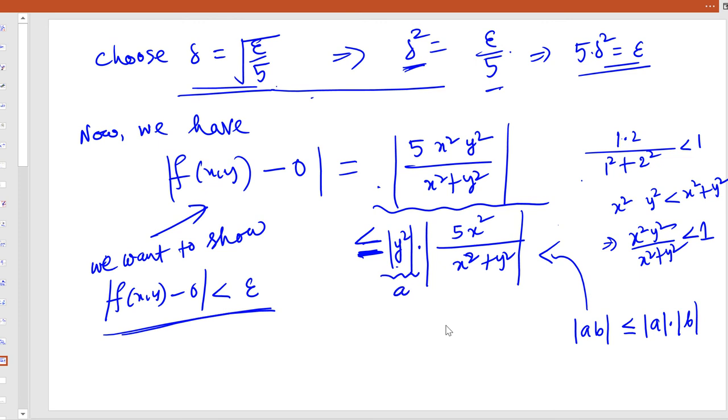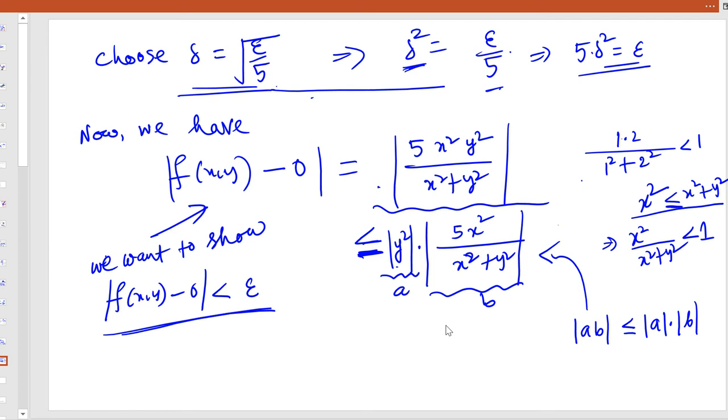You can call it b. So it satisfies this relation. Now I am telling you that this relation is true because we are adding some more value.